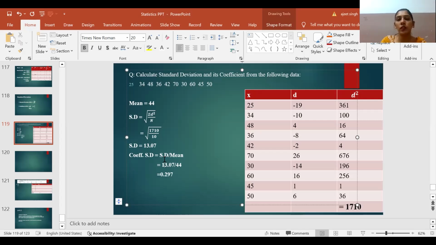After that, we will put the sum of d square and the value of n in the formula of standard deviation, which is also denoted with the sign of sigma. After calculating standard deviation, we will calculate coefficient of standard deviation. The formula is standard deviation divided by mean. So this is how we calculate standard deviation and coefficient of standard deviation.